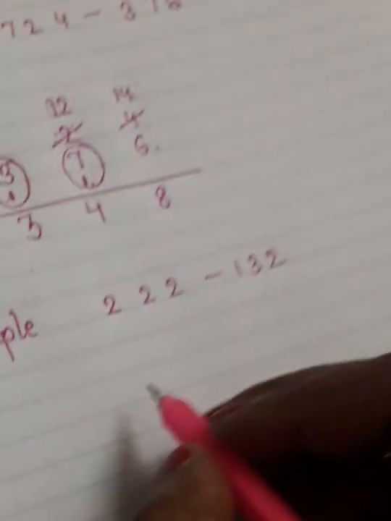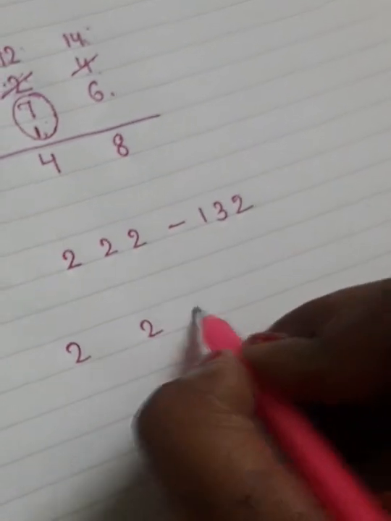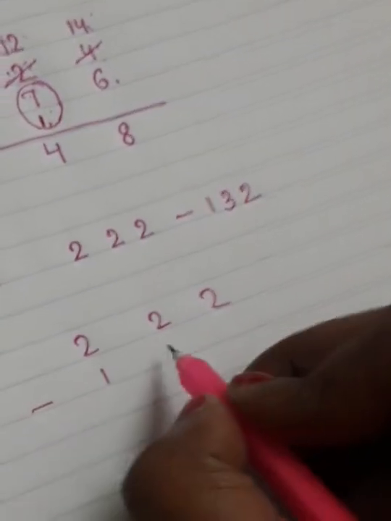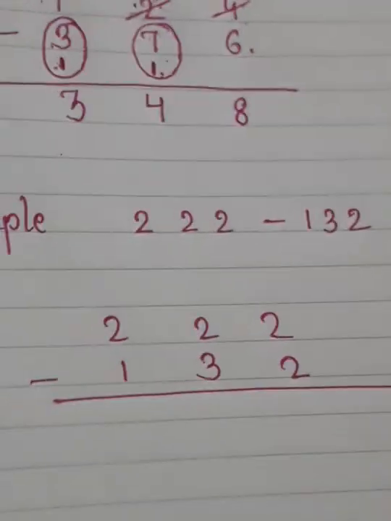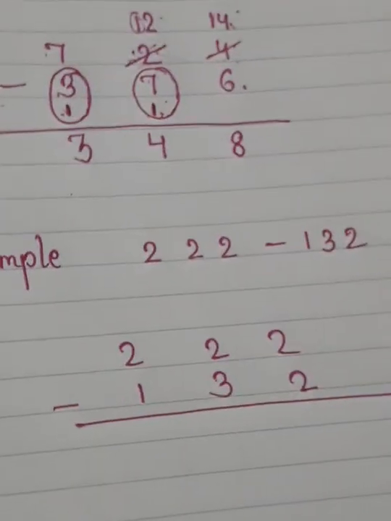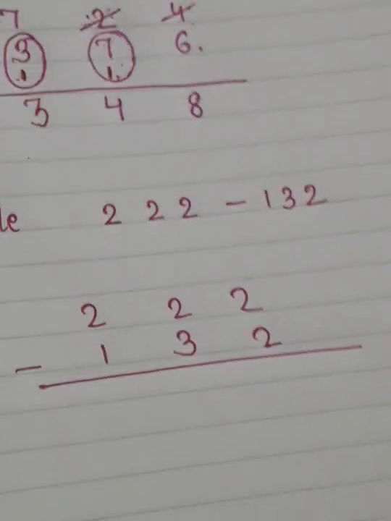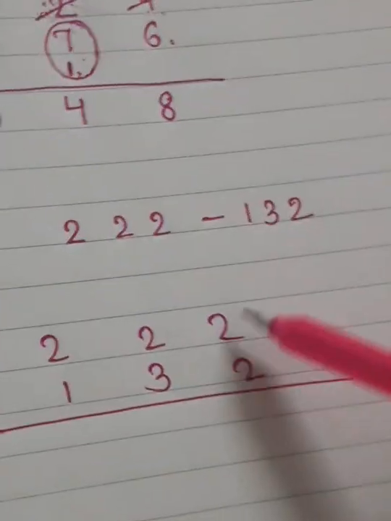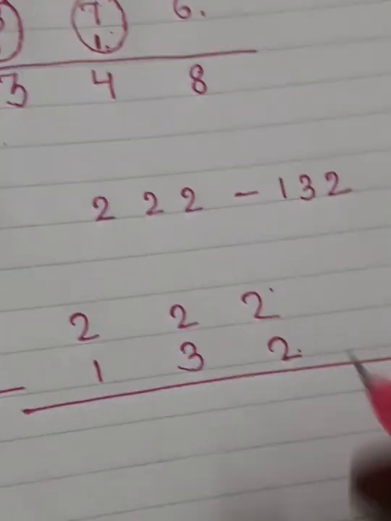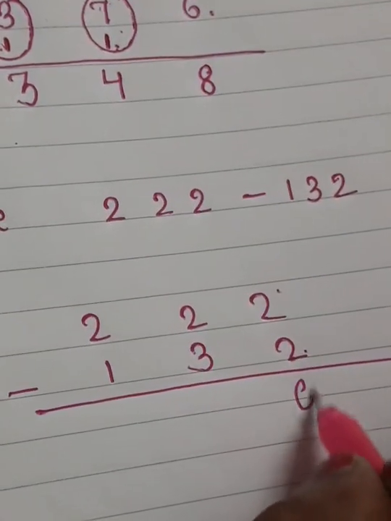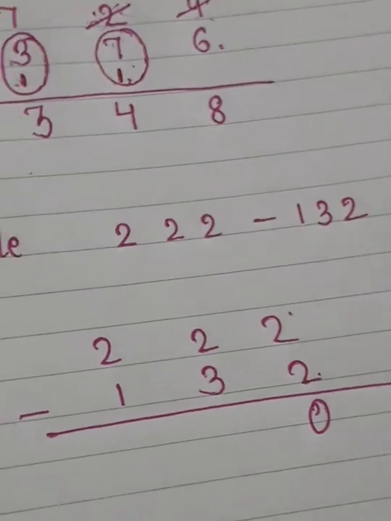Okay, so this is 222 subtracted by 132. Now what we have to do, first of all we have to see whether the upside number is bigger or smaller. 2 minus 2 we can do easily, so no need of assuming here. So 2 minus 2 you will get 0.